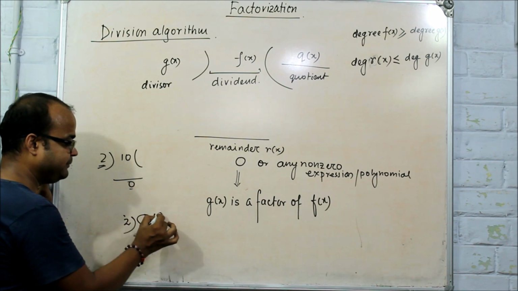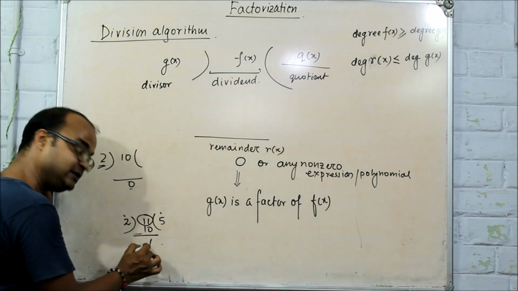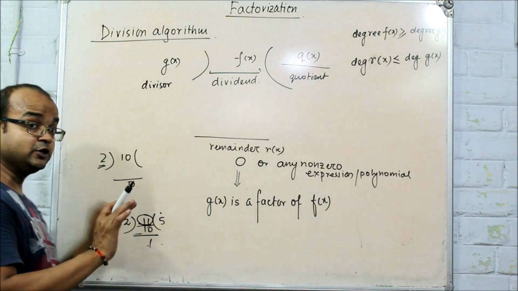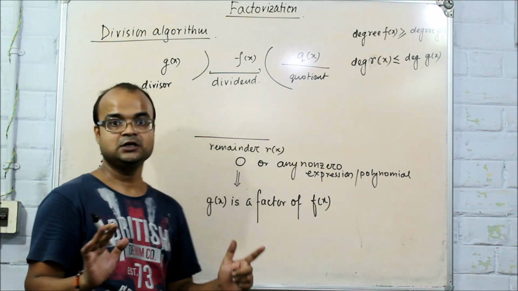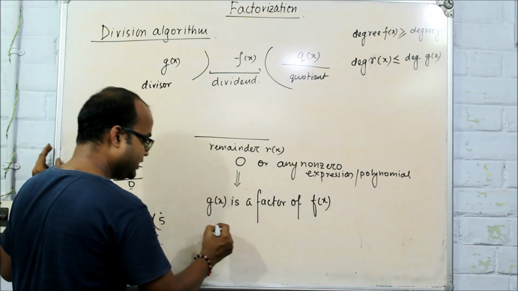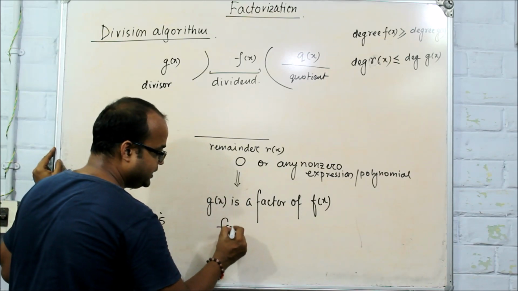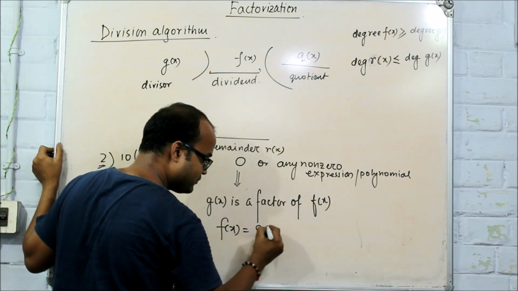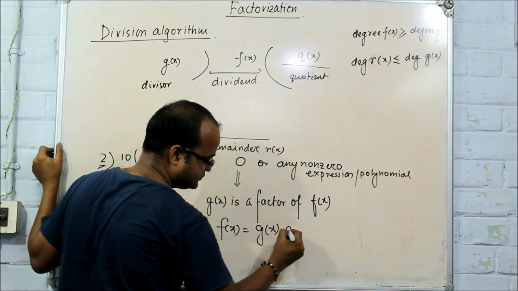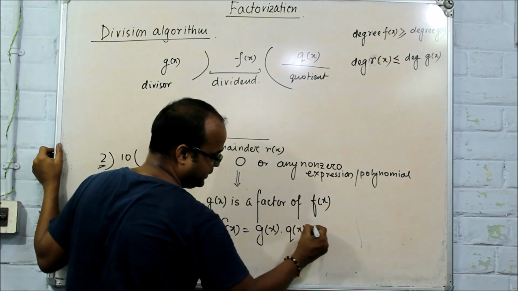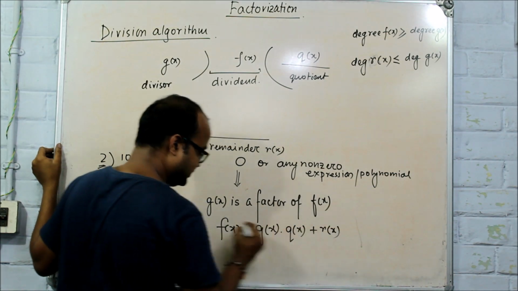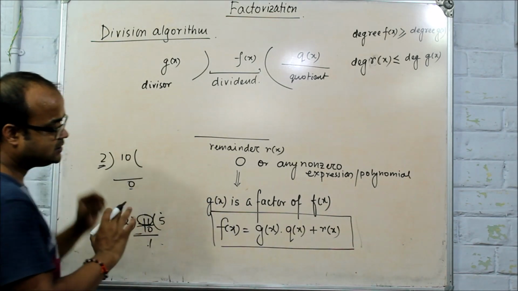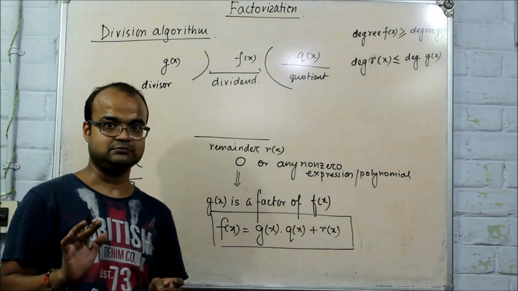That means if I multiply these two and add the remainder, and it is equal to the dividend, we term our division as correct. In the same way here, f(x) should be equal to g(x) into q(x) plus r(x). So this expression is termed the complete division algorithm.